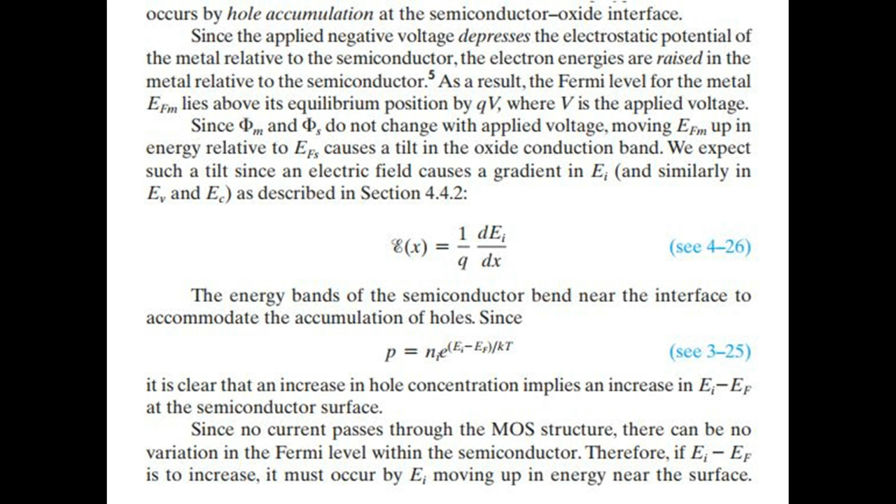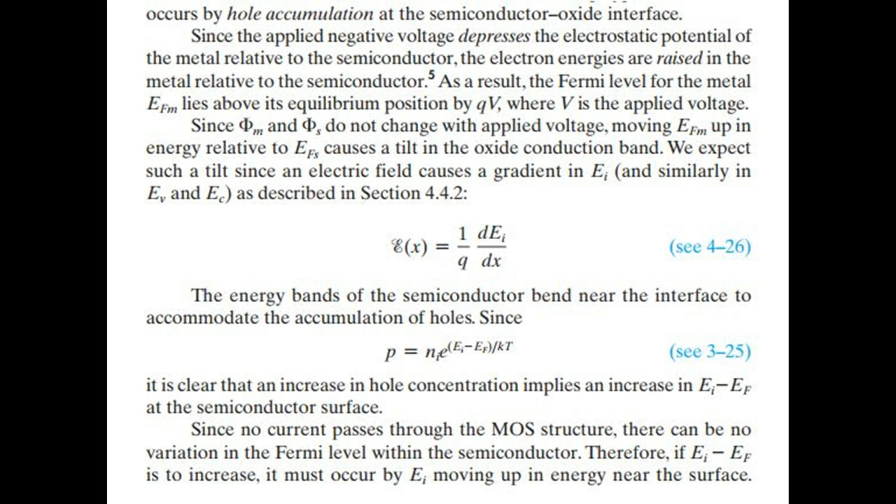The energy bands of the semiconductor bend near the interface to accommodate the accumulation of holes. It is clear that an increase in hole concentration implies an increase in E_i − E_F at the semiconductor surface. Since no current passes through the MOS structure, there can be no variation in the Fermi level within the semiconductor.